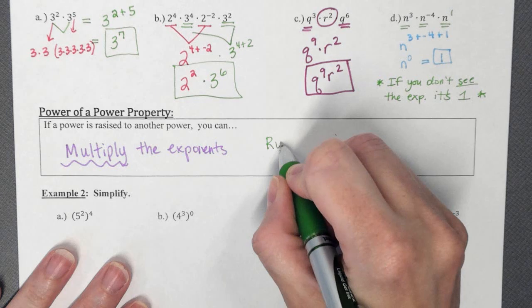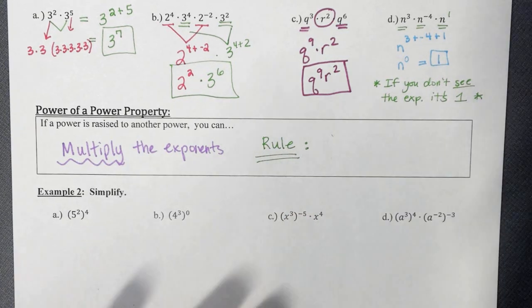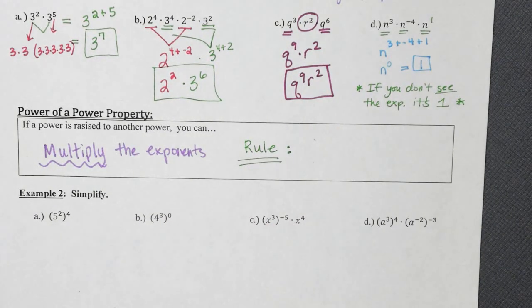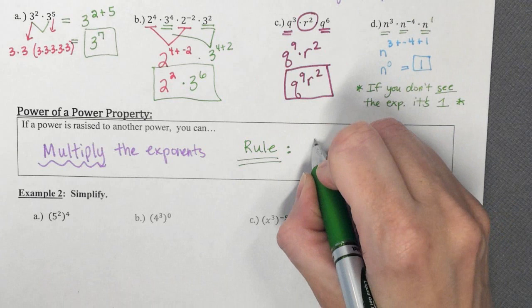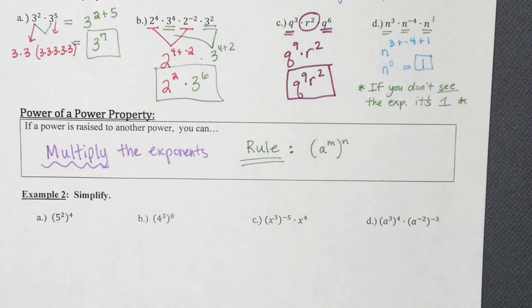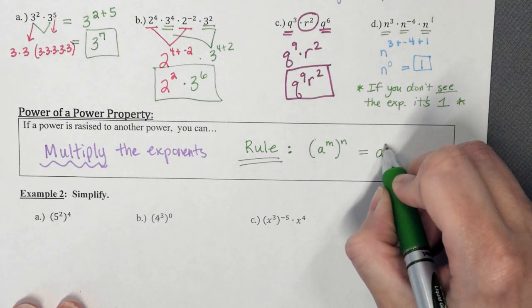So that also has a special rule. Okay, so if you have a to the power of m to the nth power, this is a power to a power, that's when you're going to multiply.